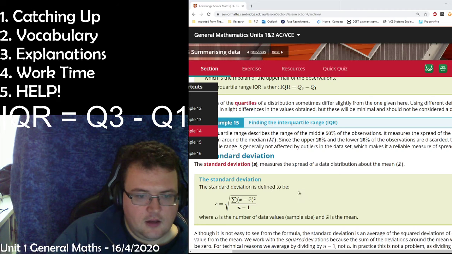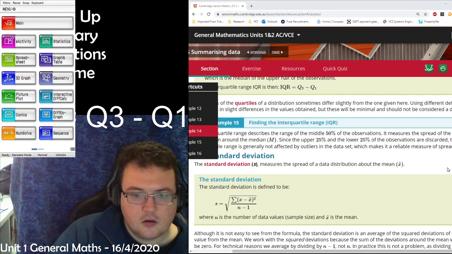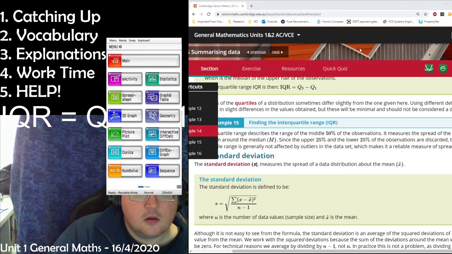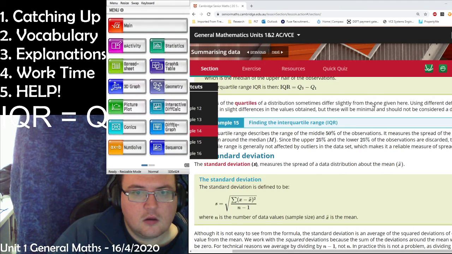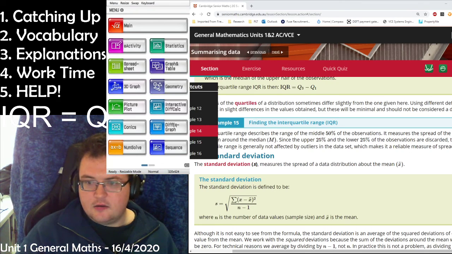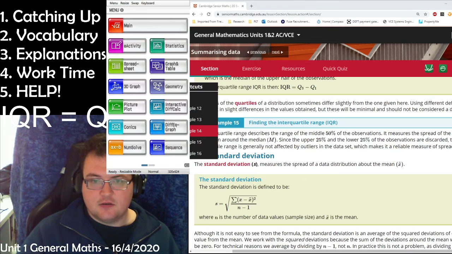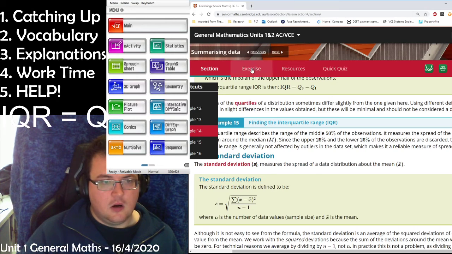All right, add window capture. I want to capture... Can you guys see my CAS next to the textbook? Awesome.